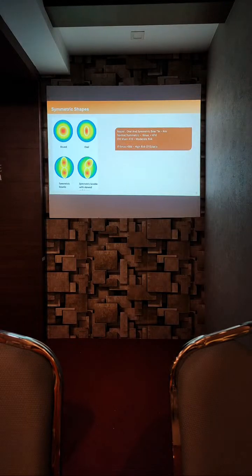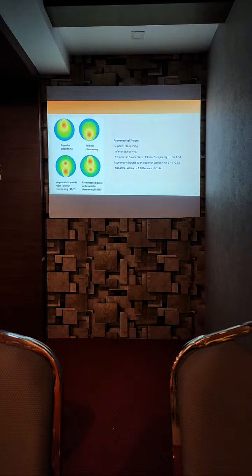These are symmetric shapes, which are basically not a risk factor. They can be round, oval, or a symmetric bow tie, or a symmetric bow tie with a skewed radial axis. In case of symmetric shapes, all we have to see is Kmax. If Kmax is greater than 47 diopters, it's moderate risk, and if Kmax is greater than 50 diopters, it is high risk of ectasia.